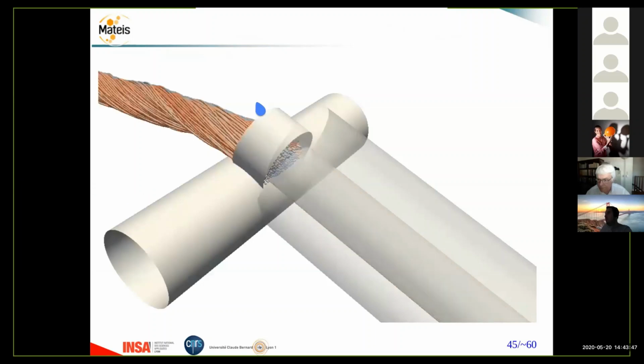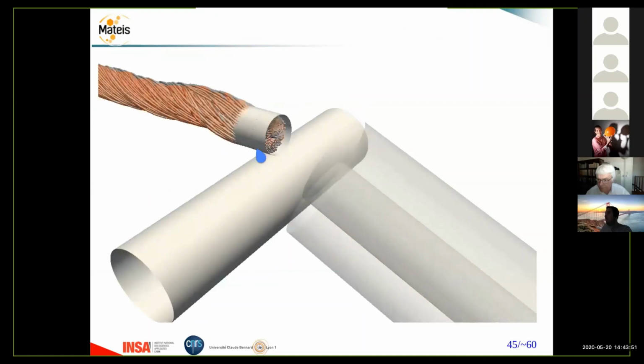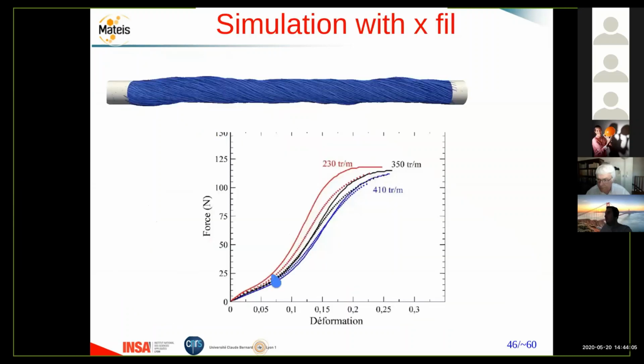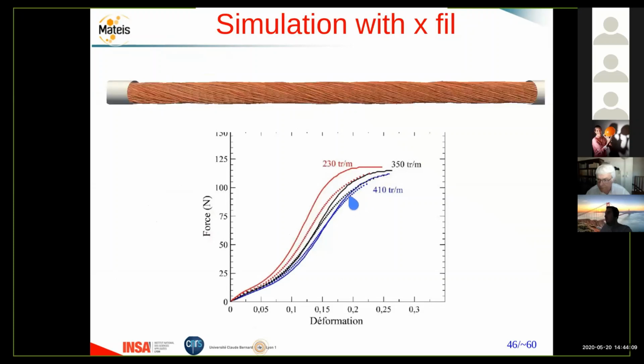And the final solution that has been the most satisfactory was to really simulate the way the yarn is produced. So we've got a yarn like this, and now you can pull on the yarn using the numerical software. And you can see that the comparison between experimental and simulation is again very good.